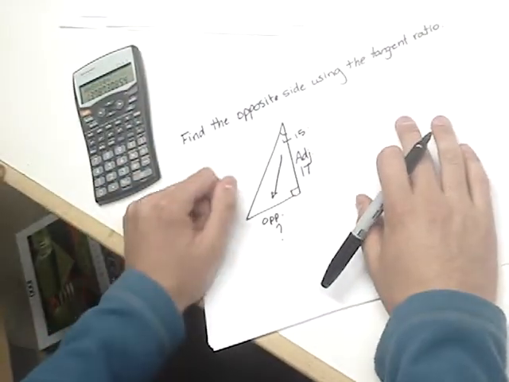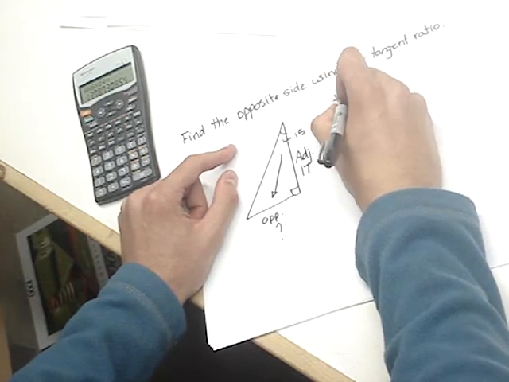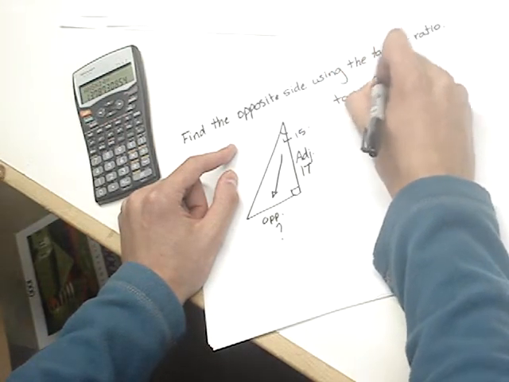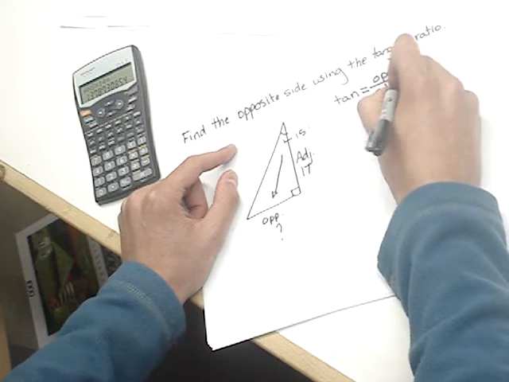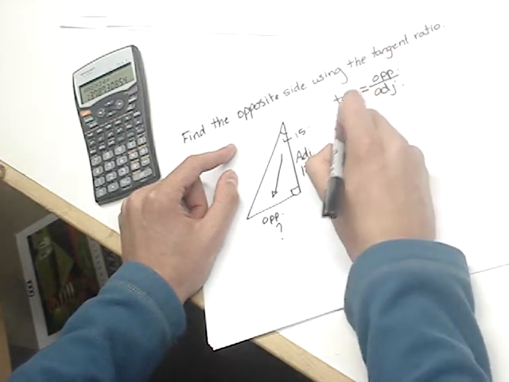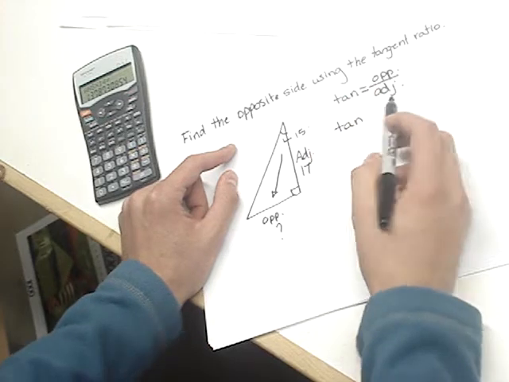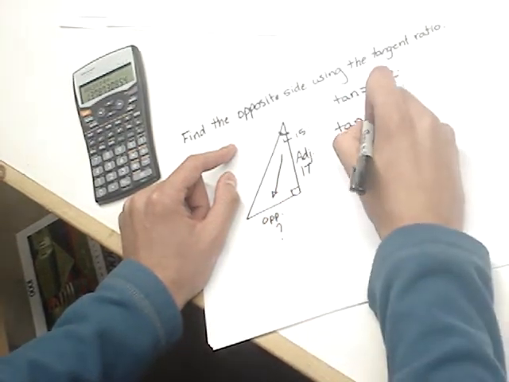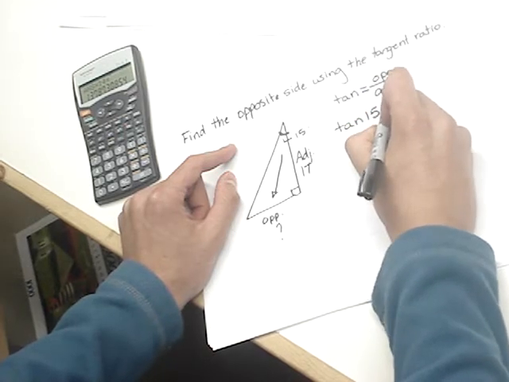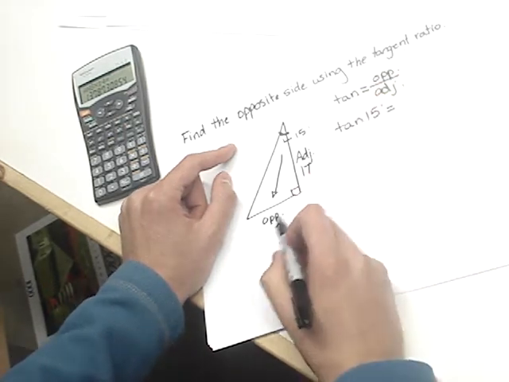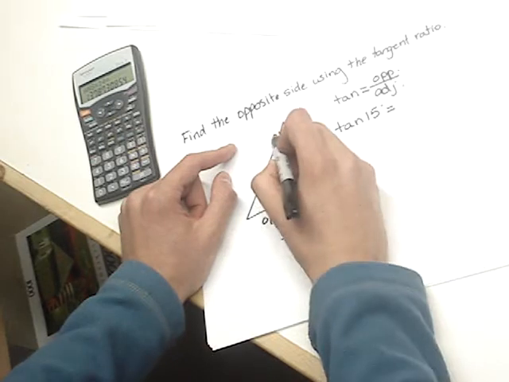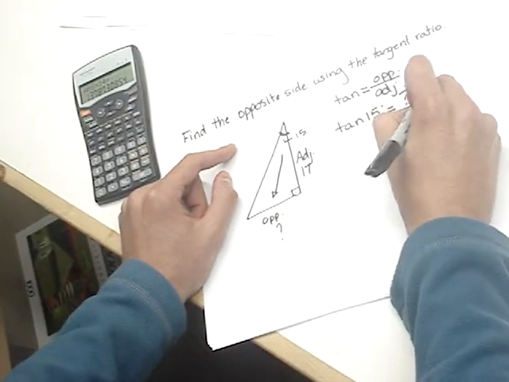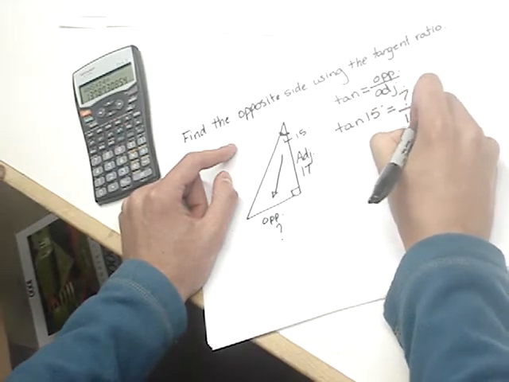Find the opposite side using the tangent ratio. We know from SOHCAHTOA that tangent equals opposite over adjacent. Tangent of, we're working with this angle here, 15 degrees, so tangent of 15 equals opposite, which is right over here because it's opposite the angle, we don't know, over adjacent, 17.